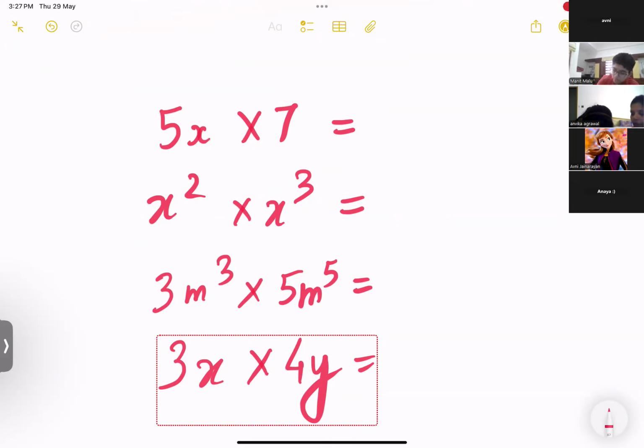This is how I will write the answer. Bracket open, 35x, like this. Look at the x to the power of 5.